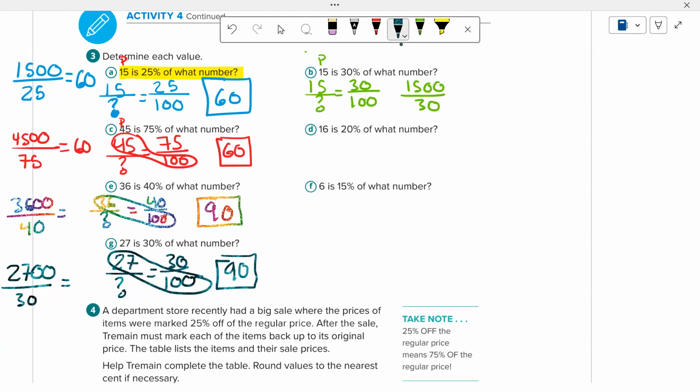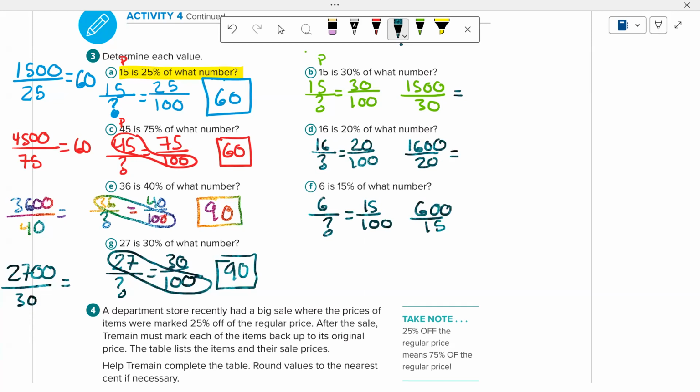Just write the setup for each one. The next one is 16 over mystery equals 20 out of 100. We're going to get 1,600 divided by 20. And the last one, mystery, we're going to get 600 divided by 15.